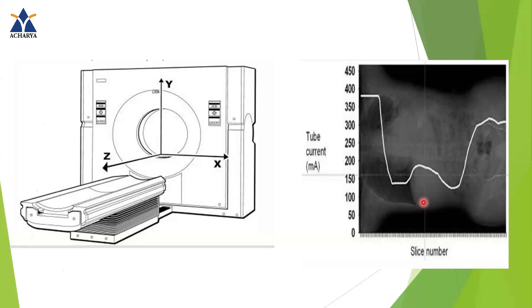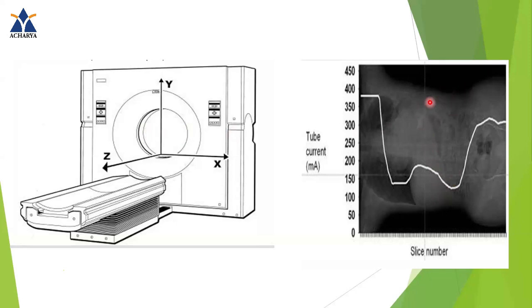So for example, here in this gantry image, when the X-ray tube is going from this particular angle to this particular angle, the radiation dose, that is the mAs, is less because the patient thickness is very narrow compared to when it is going from right side to left side.